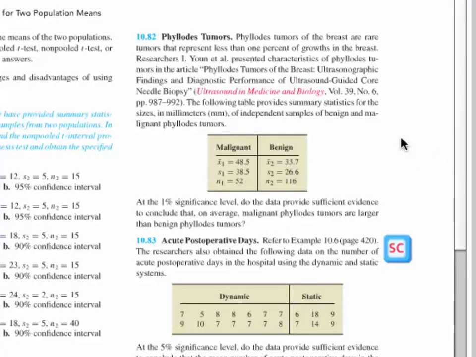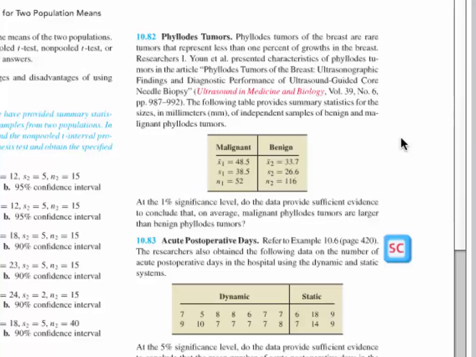All right, so this is about sizes of tumors, malignant versus benign tumors. There's this hypothesis that malignant tumors are larger than benign tumors.